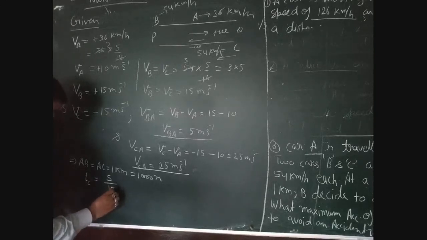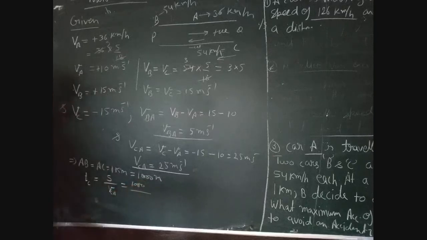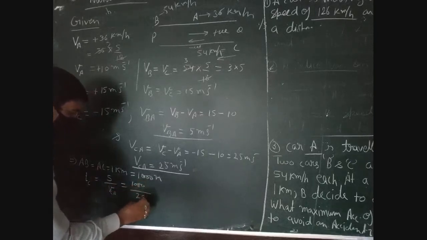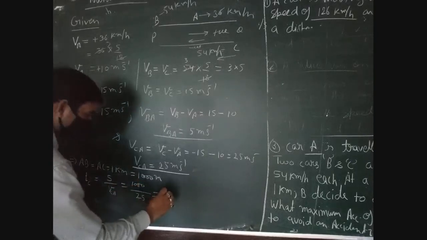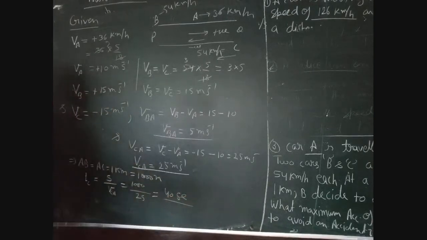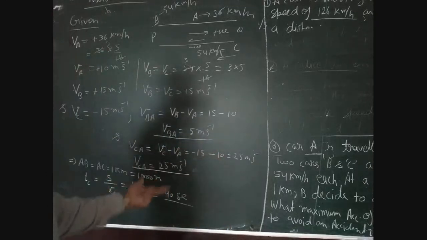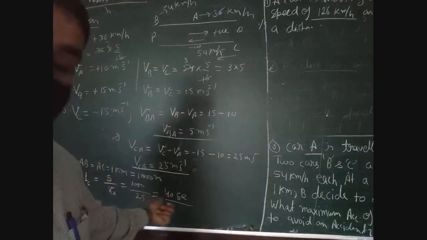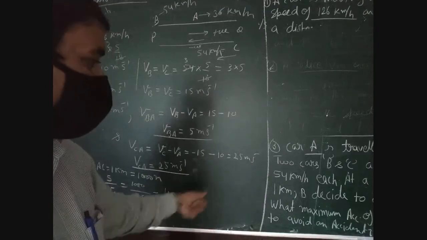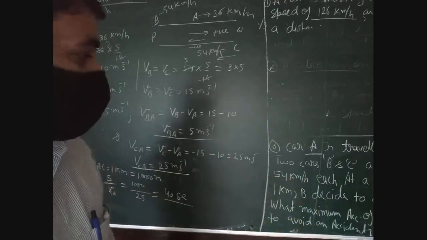The speed is VCA, so this is 1000 upon 25. This we get as 40 seconds. So if the motion is continuous, after 40 seconds car C will overtake car A.